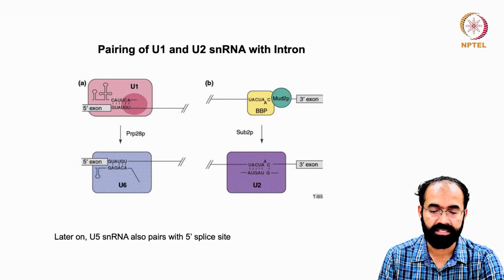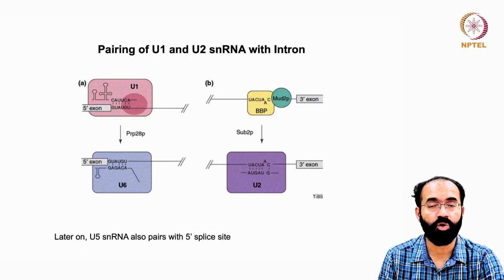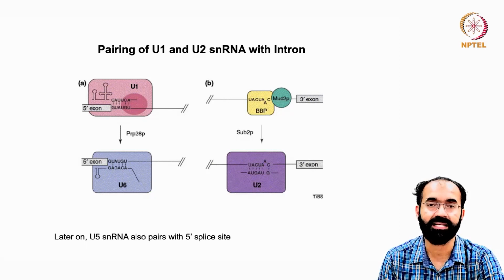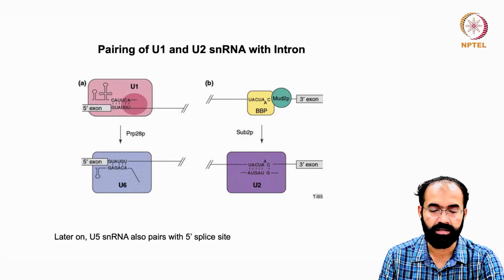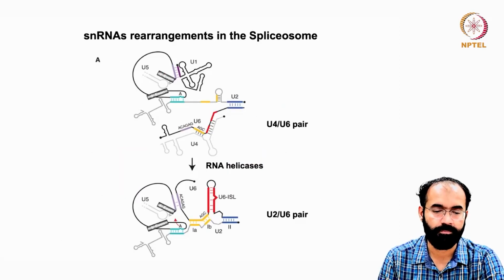It gets into a position such that the branch point A is projected out. It is no longer participating in the pairing with the U2 snRNA, so that this A can easily participate in the trans-esterification reaction. Now let us see how the actual splicing takes place.